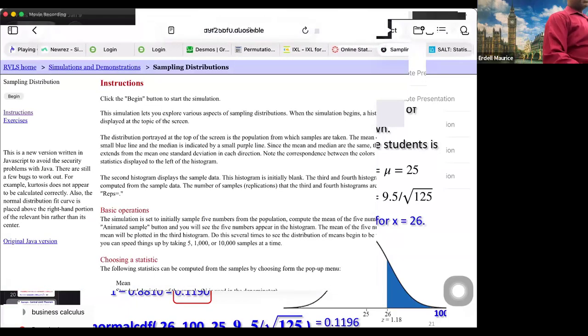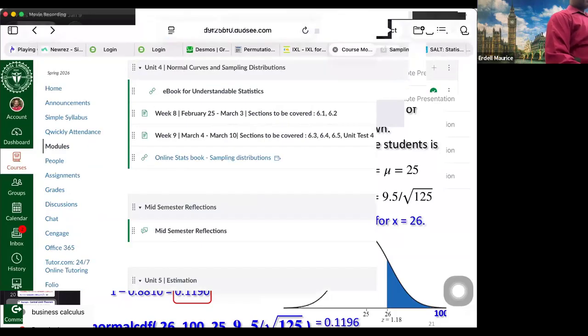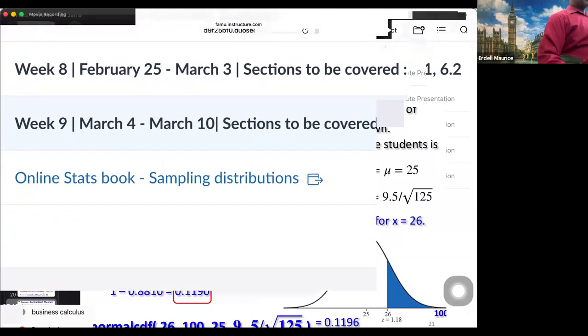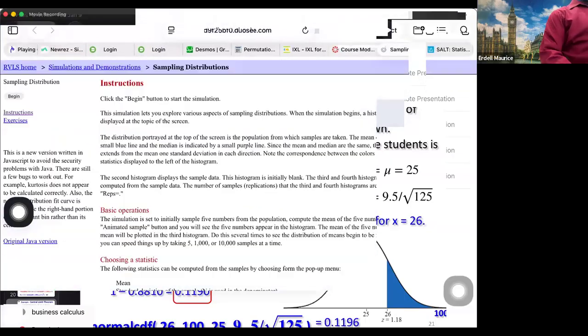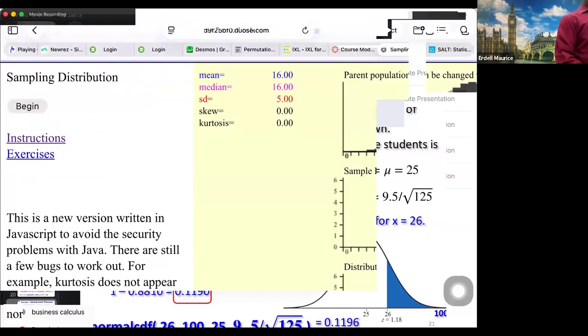If you click on that link right here, open stats book sampling distributions, that will take you to this website, sampling distribution. And what I am going to do is click on begin up here in the top corner.